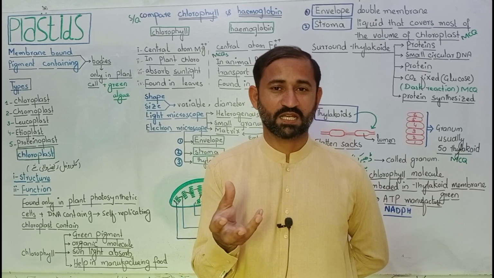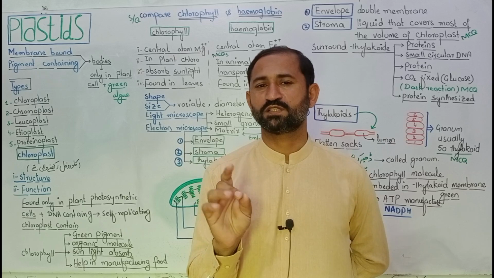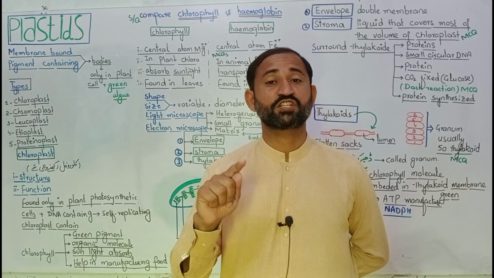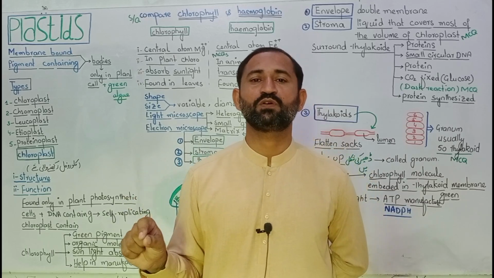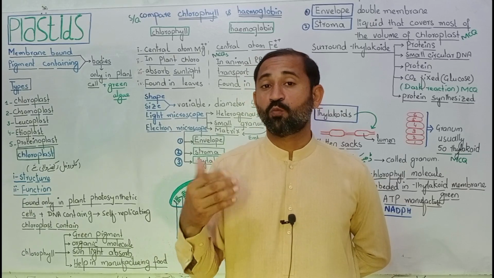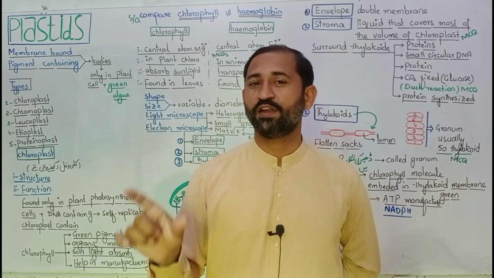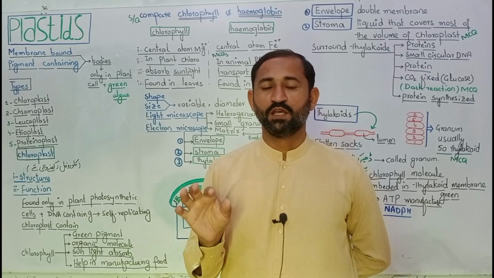Chloroplast again consists of two parts: number one, structure, and number two, function. So you can write a single heading for structure and function of chloroplast. Chloroplast is a chlorophyll-containing body.